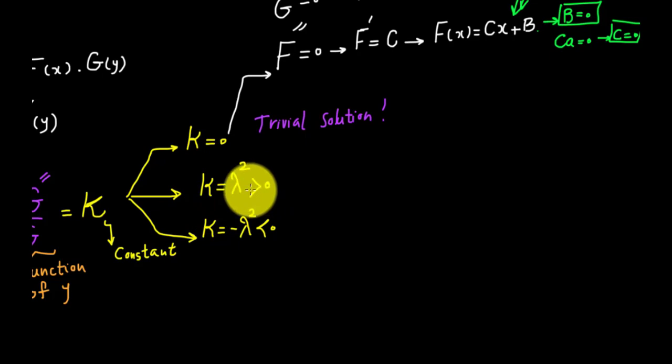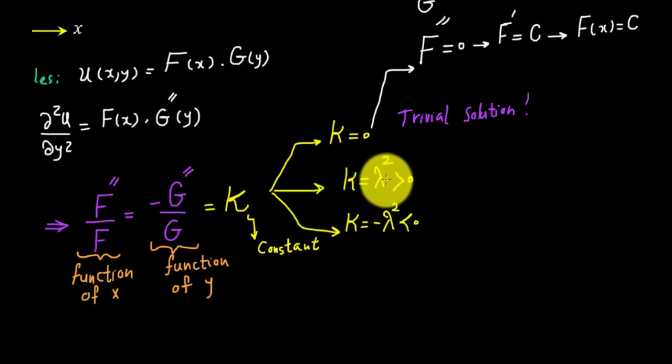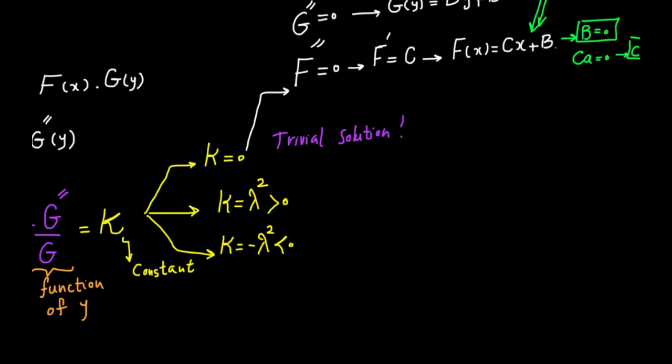Let's talk about the second scenario. If the second scenario is true, meaning k is equal to lambda squared, we can do the same process. It's a review from ordinary differential equations. So you have f double prime over f equals lambda squared, and then you can cross multiply.